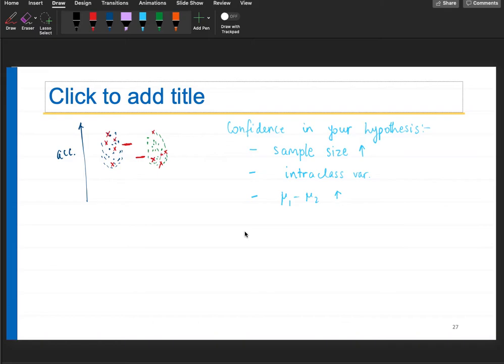This is the mean of accuracies. Let me write it down. This is mu accuracy. So if the mean accuracy of the blue method is very large as compared to the mean accuracy of the green method, then I'm more confident. It's not data, it's accuracy.